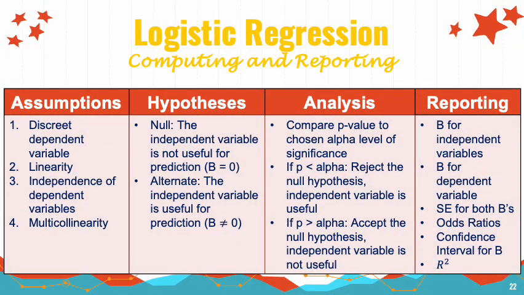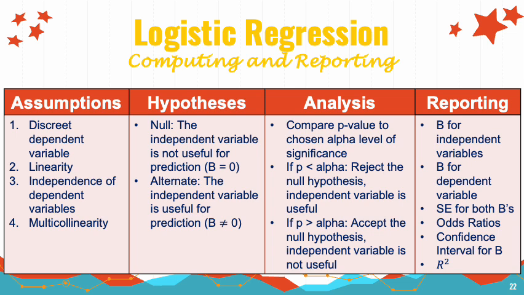We will now bring everything together to discuss computing and reporting logistic regression. The first step is to determine if there is a correlation between your independent and dependent variables. You check this using a -2 log likelihood, a Cox and Snell R-squared, or a Nagelkerke R-square. If there is a goodness of fit, you move on to your analysis of logistic regression. Begin by checking your assumptions for logistic regression.